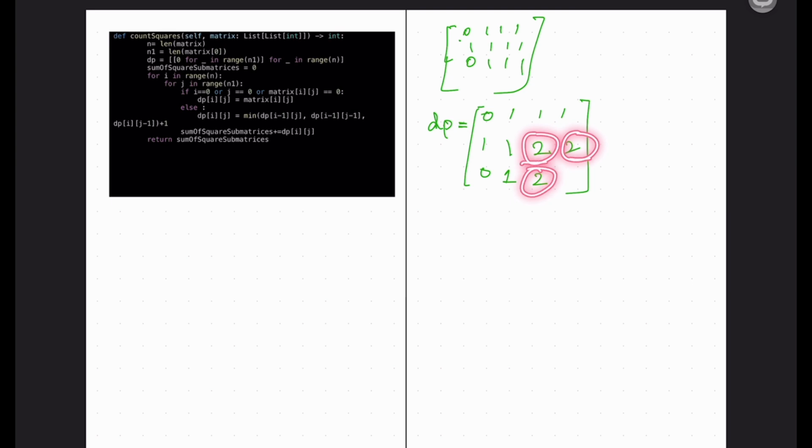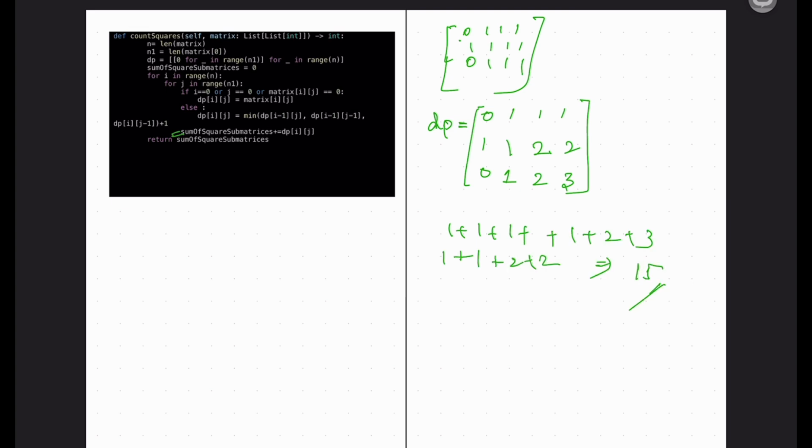Already these three are forming a 2 by 2. Now we know this can contribute to a 3 by 3 as well. So the minimum is 2, and 2 plus 1 gives us 3. The sum of all of these keeps getting added to the count of square submatrices, so 1 plus 1 plus 1 and so on. As a result, we get 15 and we return it.